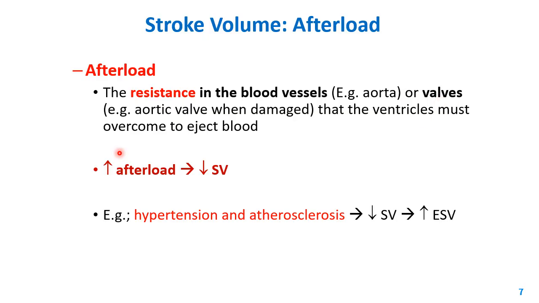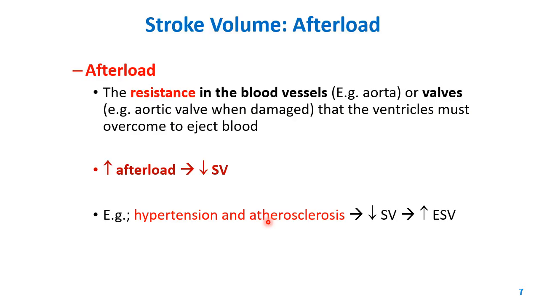Okay, so if you increase the resistance of the blood flowing out, you are going to have less stroke volume, of course. Not a lot of the blood is going to be able to get out, right? So here are a couple of things that can increase the resistance.